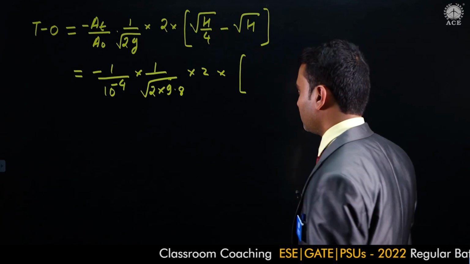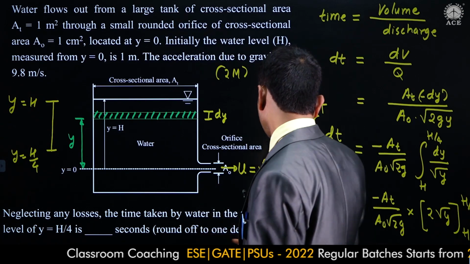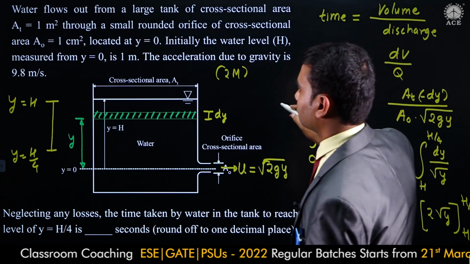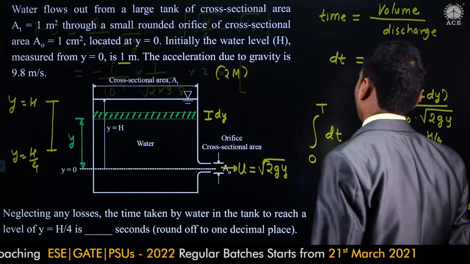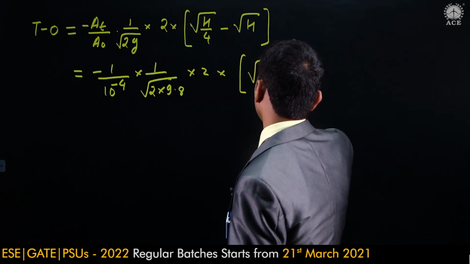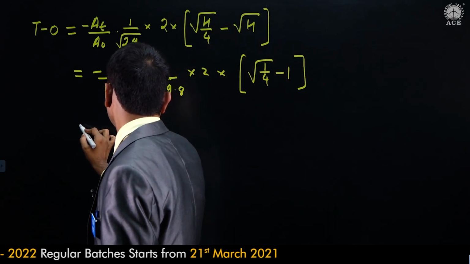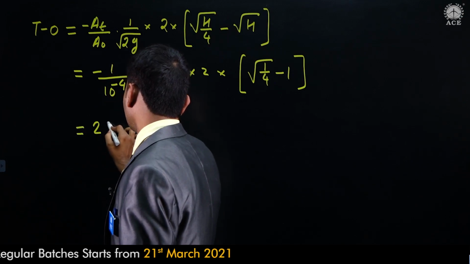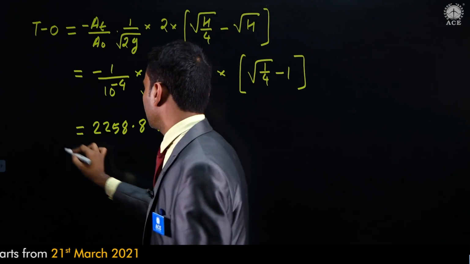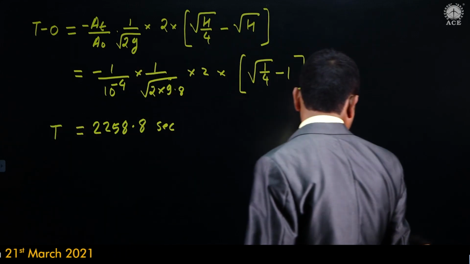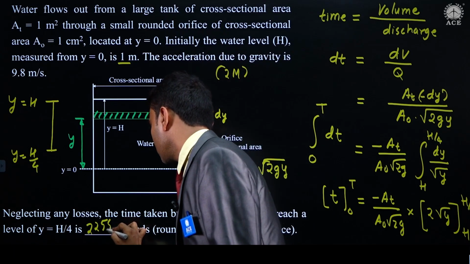H value is given 1, 1 to 1 by 4. So here 1 divided by 4 minus 1. So if you do this calculation carefully, you will get answer 2258.8 second. So this is value of time. So here you have to enter this as 2258.8.